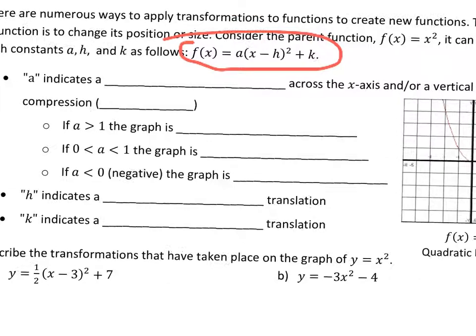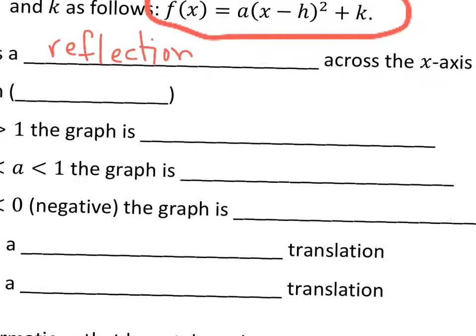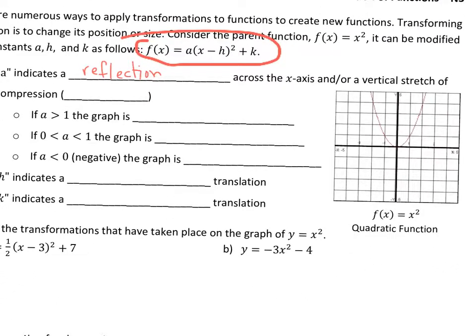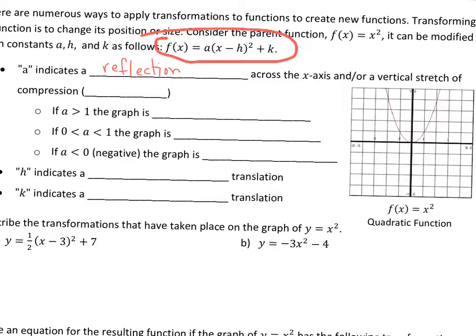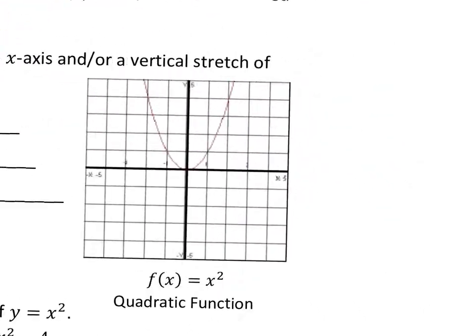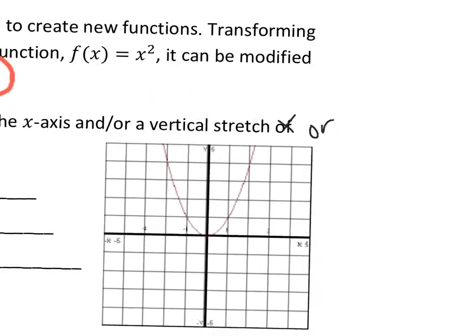Well, that would be a reflection. If a is negative, it indicates a reflection across the x-axis, and or it can also cause a vertical stretch, or a compression.